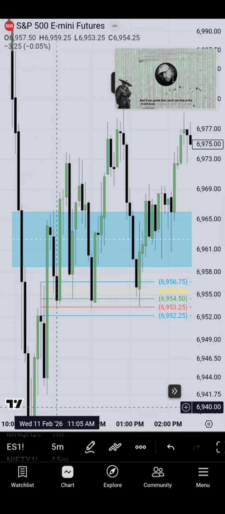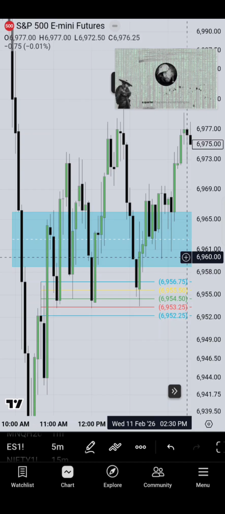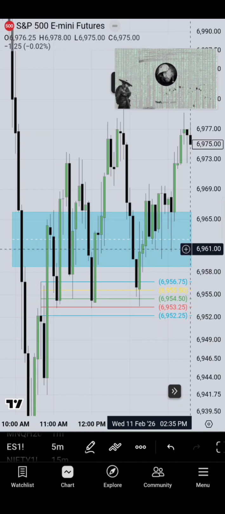0.625 level, it comes in at 69,552 and a quarter, if my eyes are not failing me. And then the 1105 low comes in at, why am I not able to see that? Right around 69.53.50 on the 1105 swing low.